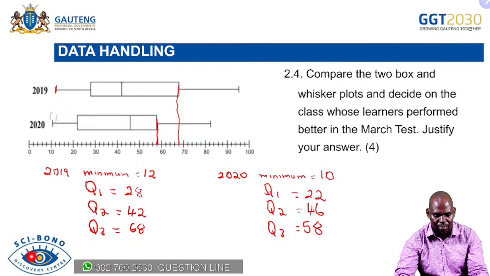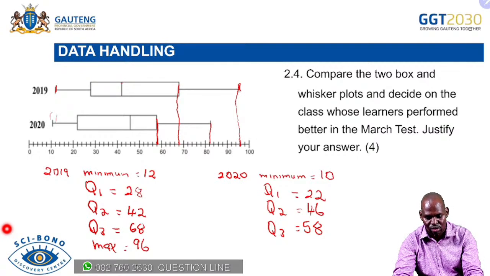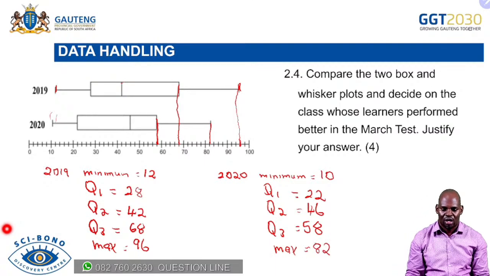Then maximum, that is the highest mark: in 2019 it was about 96, and for 2020, 82. Okay, so that means that this is the summary of the marks.